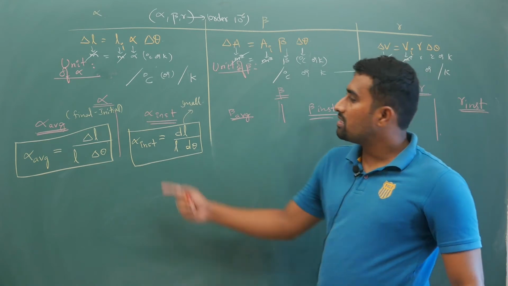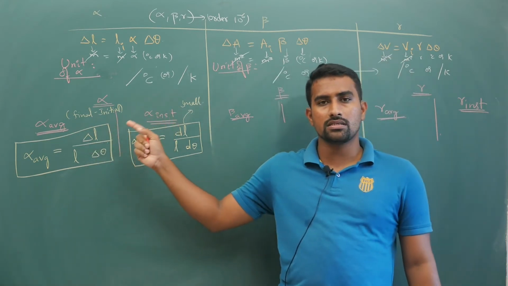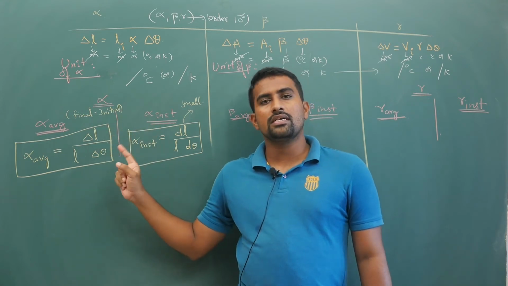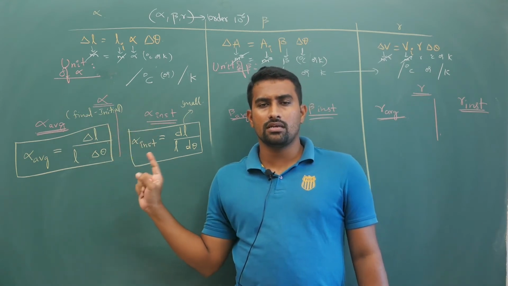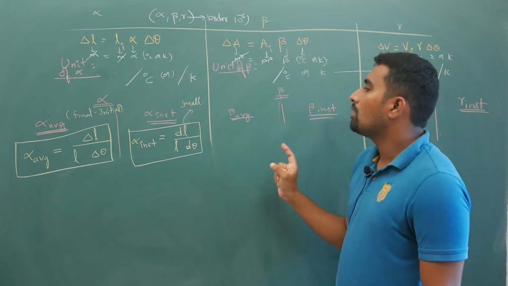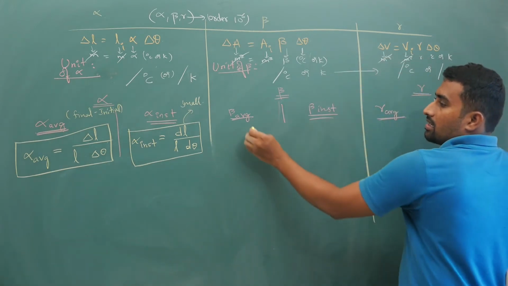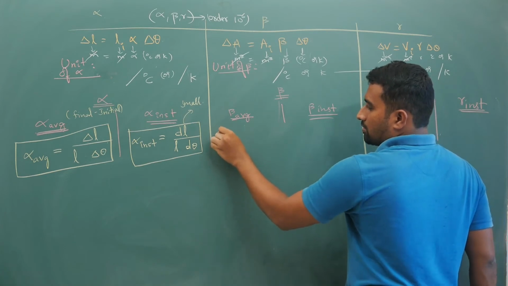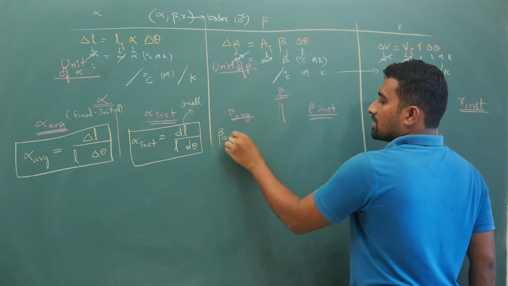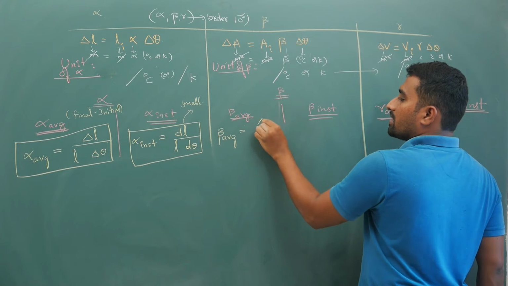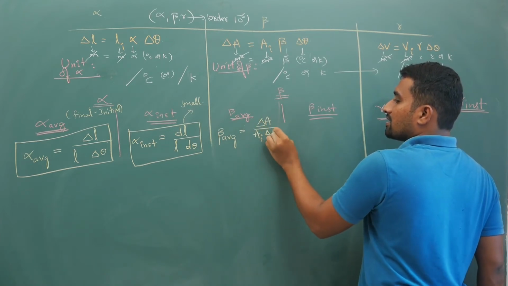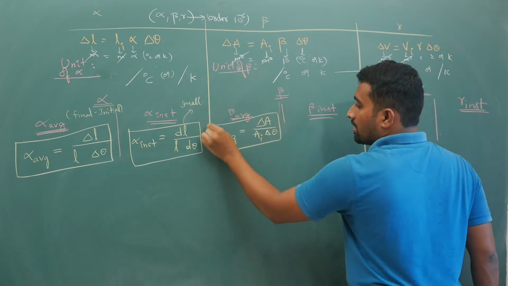To know the difference, watch my playlist. I have explained this average and instantaneous difference very clearly in the differentiation introduction video. Watch that. Next, in beta average also it is final minus initial. Beta average is delta A by initial area times delta theta, whatever temperature difference you are bringing.